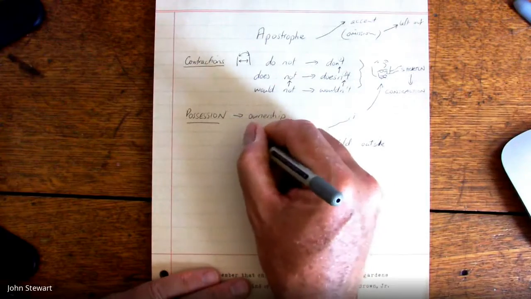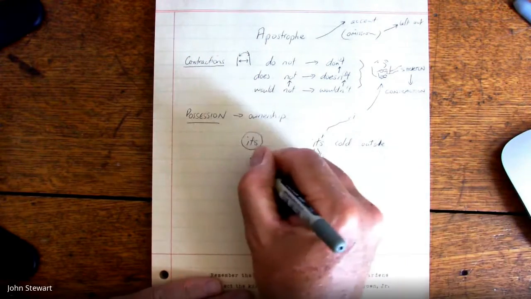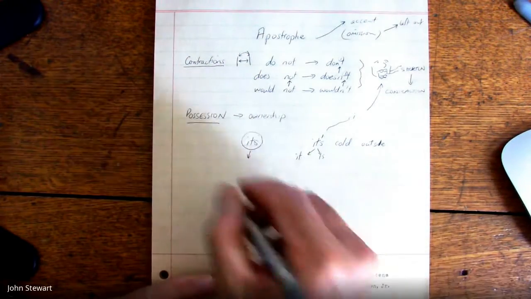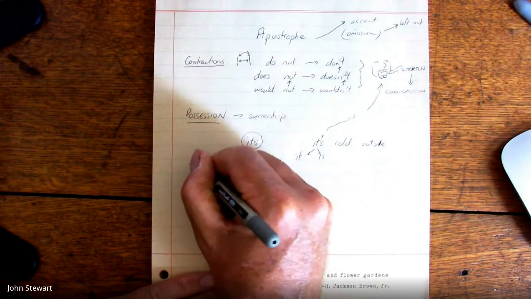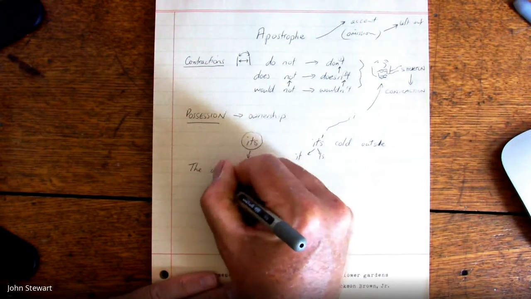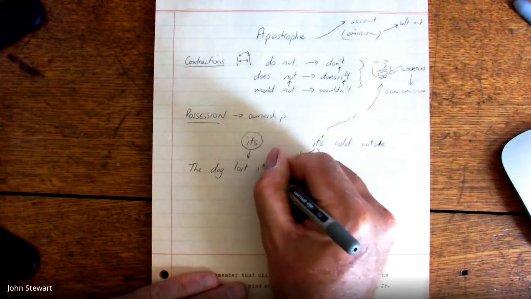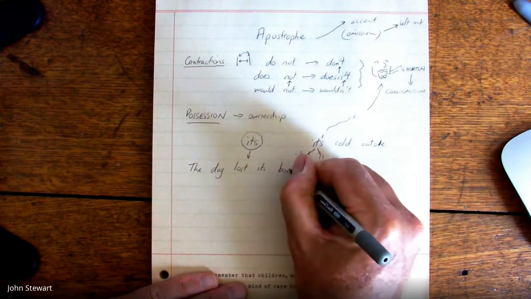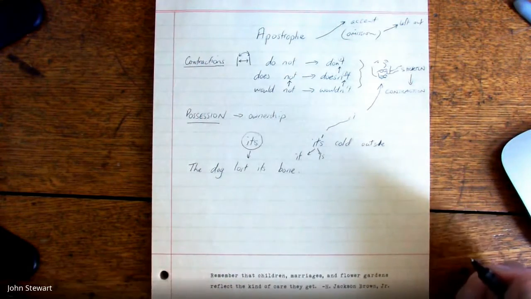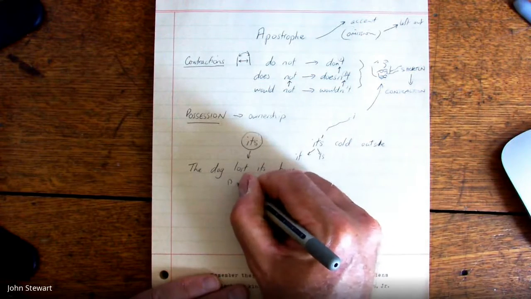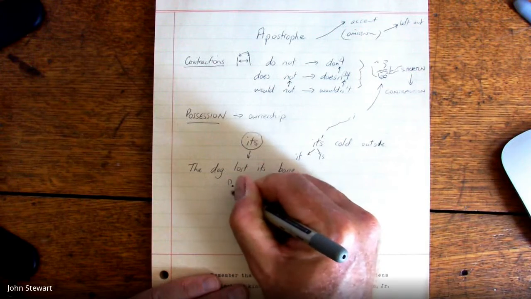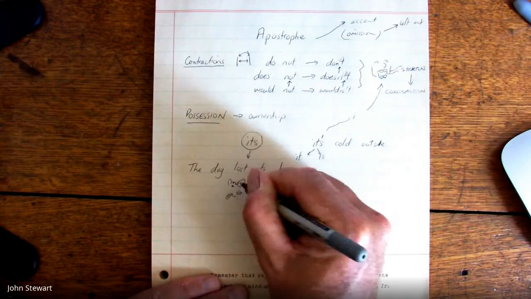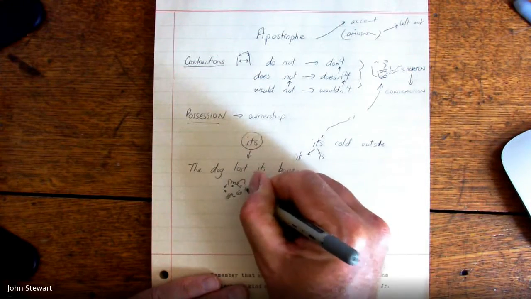But we also know that its can be possession. The dog lost its bone. Here again, we have a dog, and it doesn't know where its bone is.